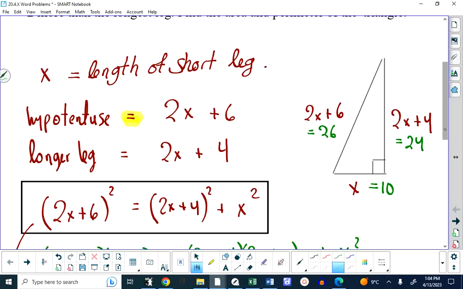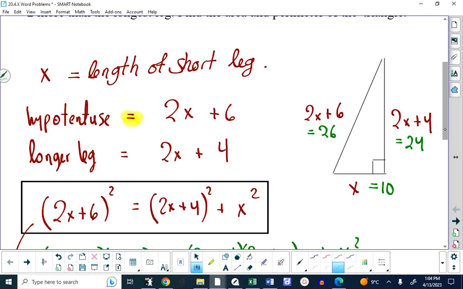Take 26 squared, or find the hypotenuse using 10 and 24. Is 26 squared the same thing as 10 squared plus 24 squared? Okay, so that's just a check to see that it's right.